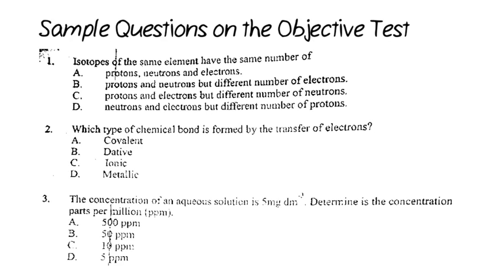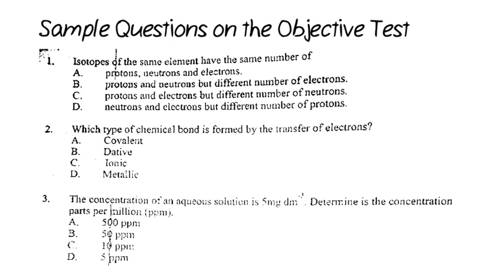This is a slide presenting sample questions on the objective test. These are 3 sample questions, and for the sake of this video, I would like to answer question 1, and I will advise that you take your notebook, you copy question 1, 2, and 3 and try to answer them on your own.